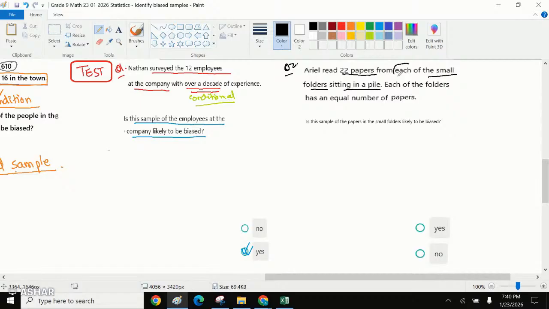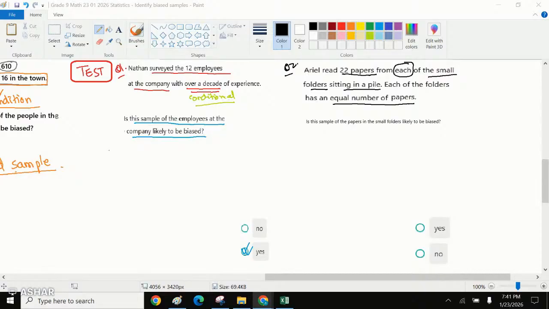Each folder has an equal number of papers, right? So would this selection be biased or unbiased? What we need to see is there are small folders in a pile, right?